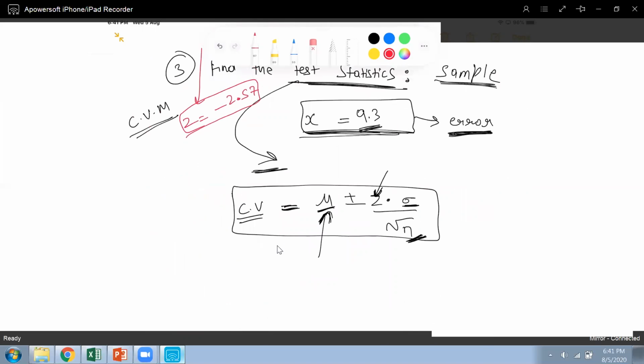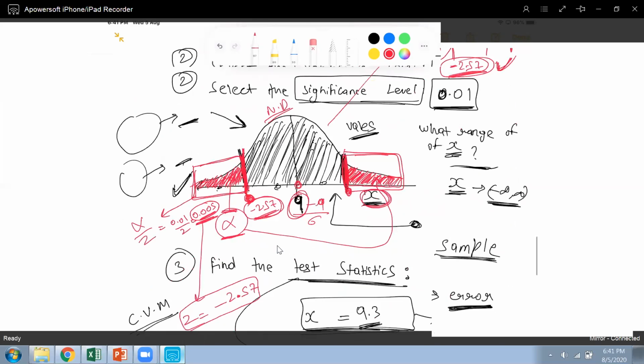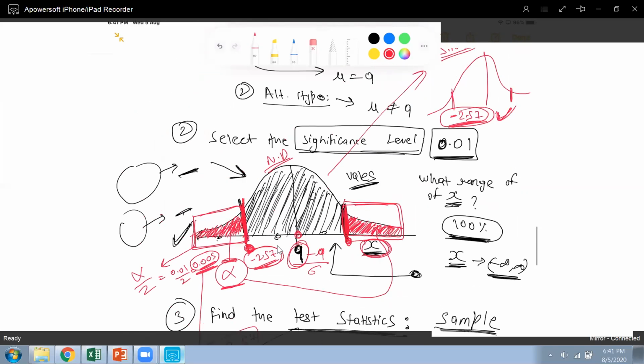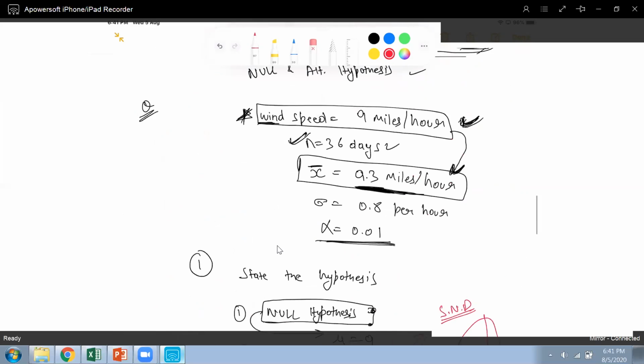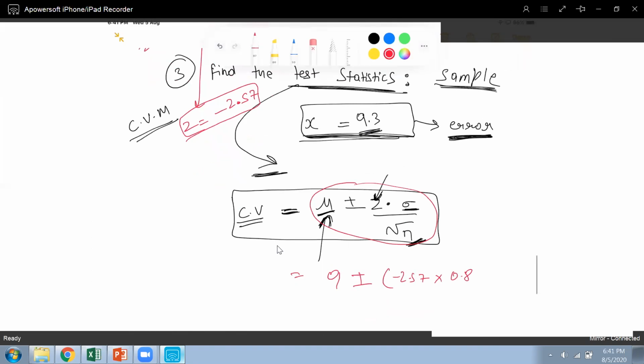So we will put this value over here. Can you tell me what is the value that is coming? 9 plus minus 2.57 into sigma. What is sigma? Sigma is 0.8, and n was 36, so root 36 will be 6.